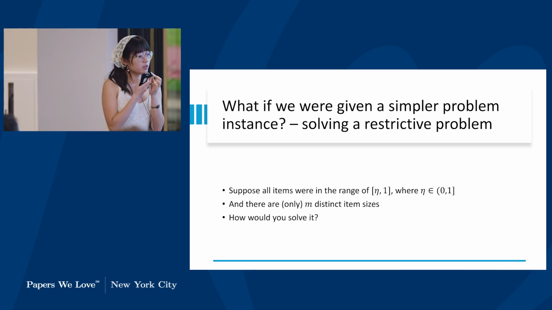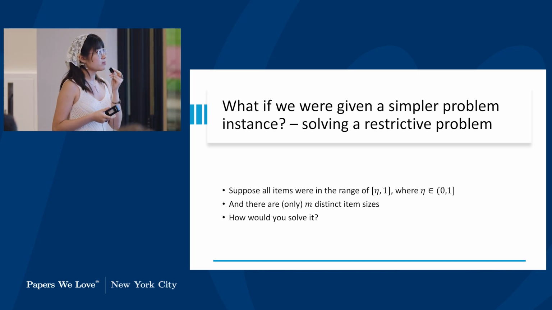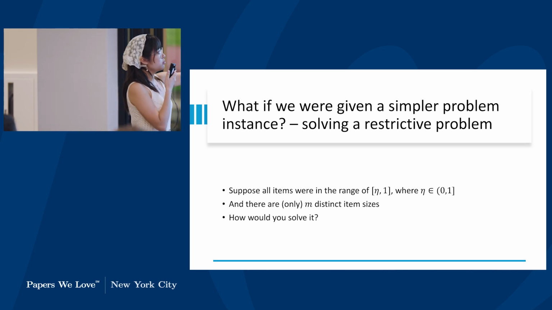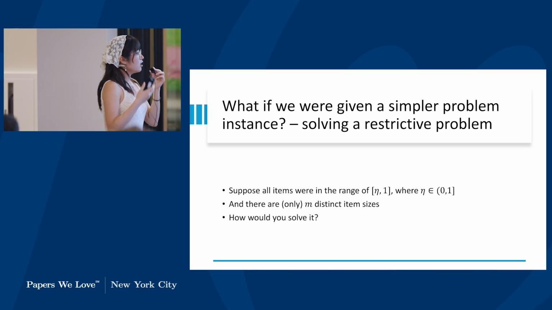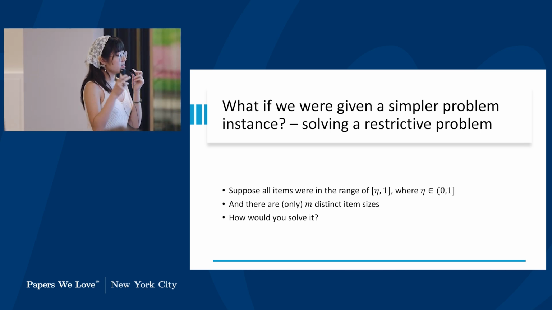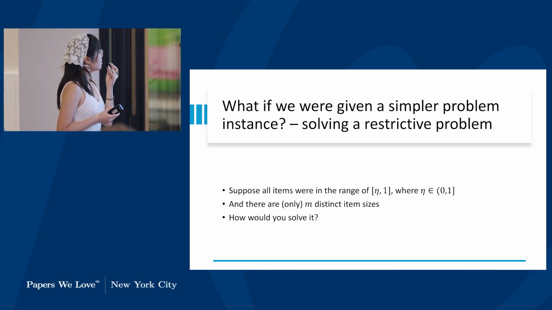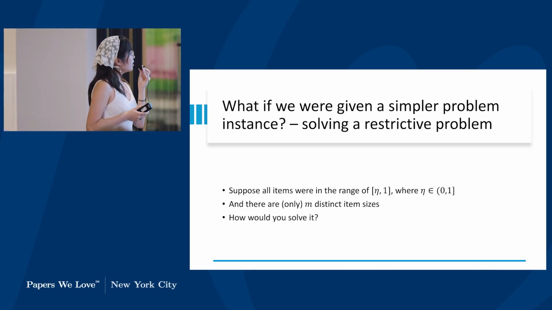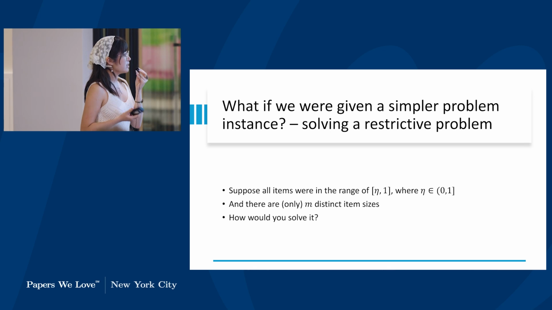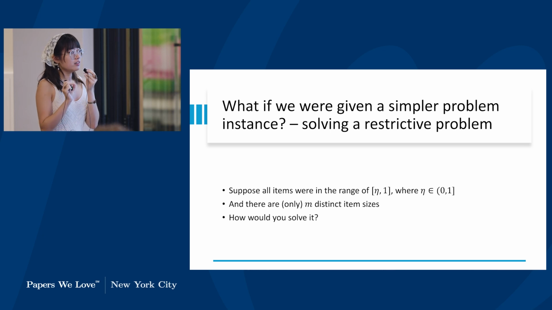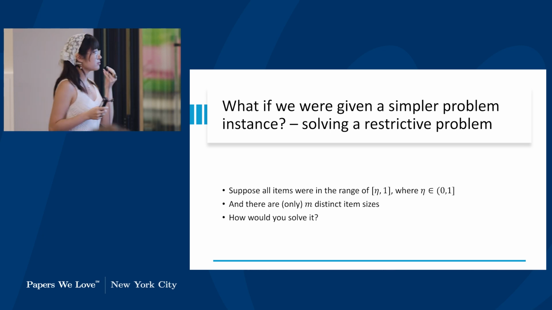So, for example, if we were given items of sizes 0.1, 0.2, 0.3, 0.4, all the way up to 0.9, and we set eta to 0.4, that means we only want the items of size 0.4 or greater. And then the other factor here is there are only m distinct item sizes, meaning the granularity of the input is not as fine.